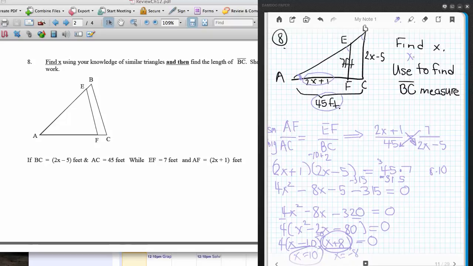So x is equal to 10. And then putting this into BC, I have 2 times 10 minus 5, or 20 minus 5, which is 15. And then I have to look at units, which were feet. So this is 15 feet, and there's my solution.